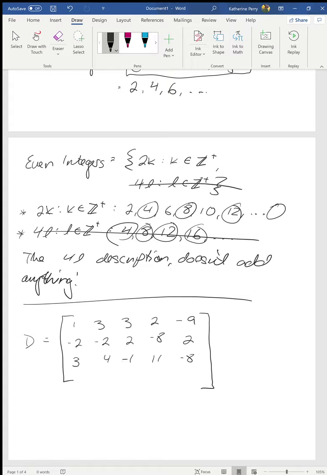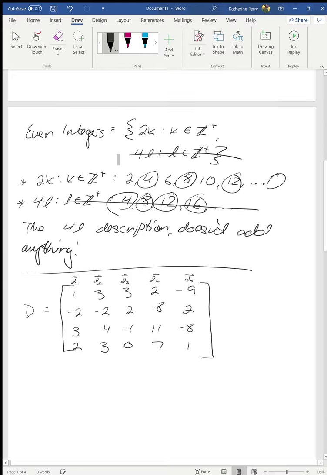And then we had this extra row that I had forgotten to write, which was 2, 3, 0, 7, 1. And let me refer to the columns as vectors D1, D2, D3, D4, and D5.